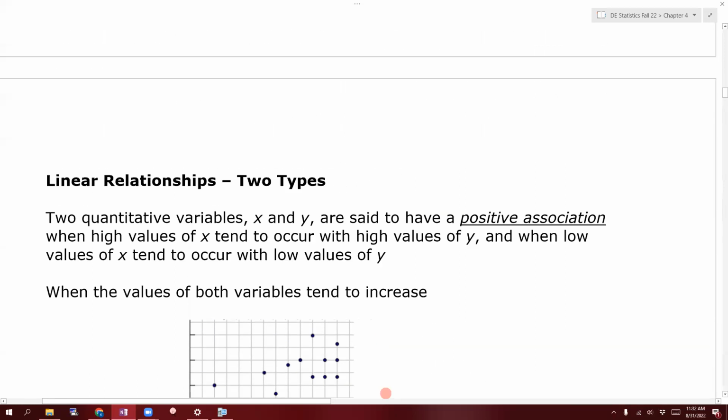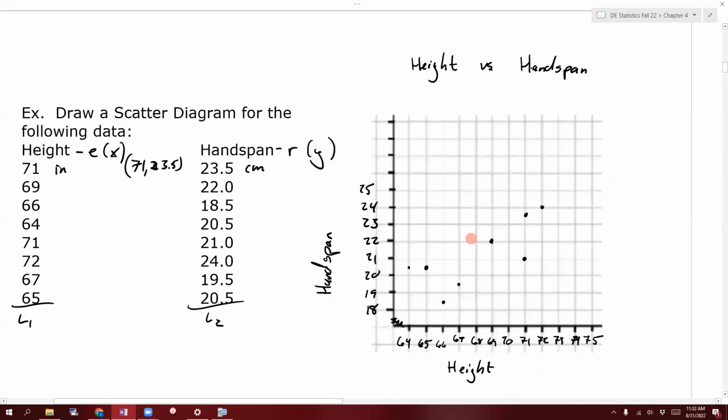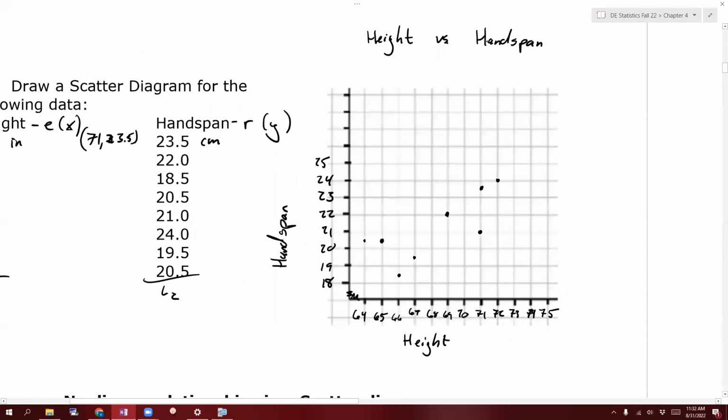If we go back to our height versus handspan, this would have a positive correlation, meaning as x increases, y tends to increase as well. However, we have a few points over here that don't fit that. As we increase x from here, it actually drops down. And that's okay. Not every point has to work on this.